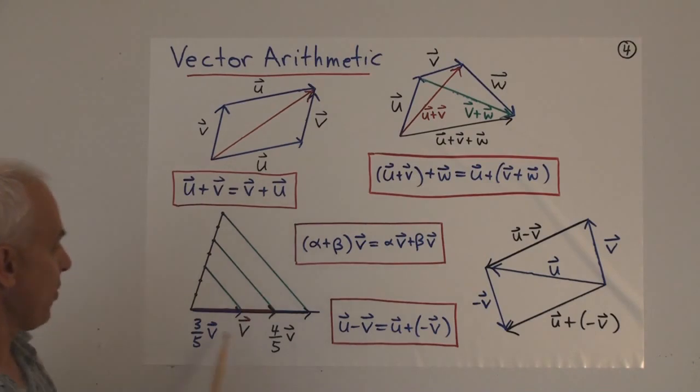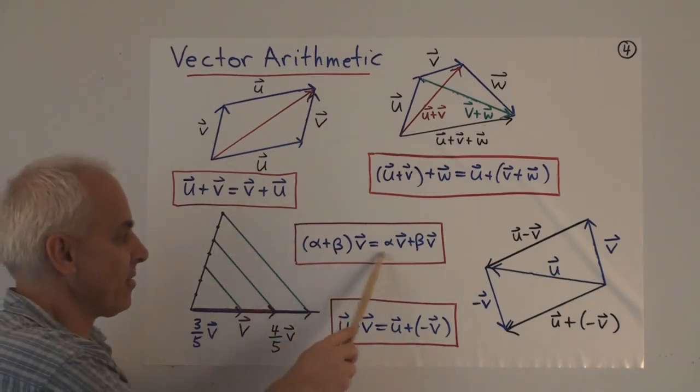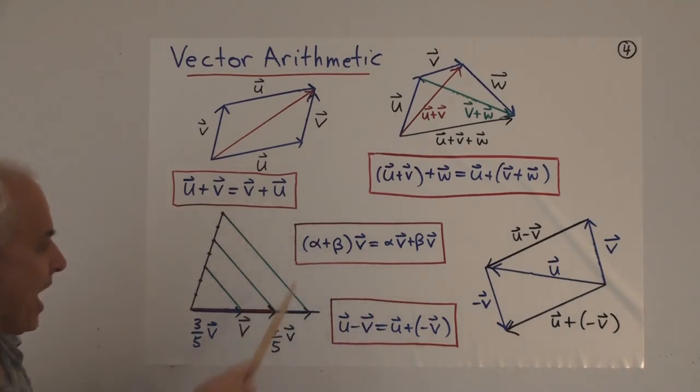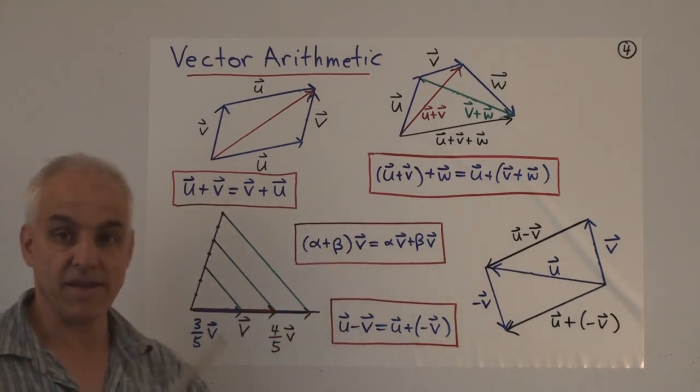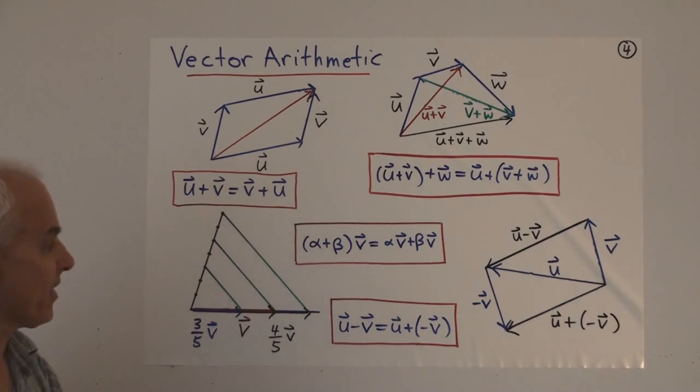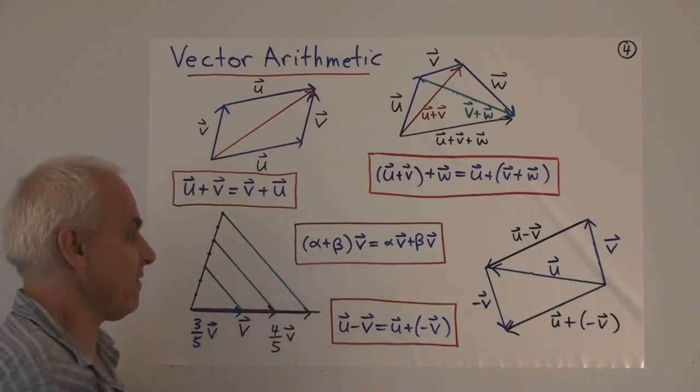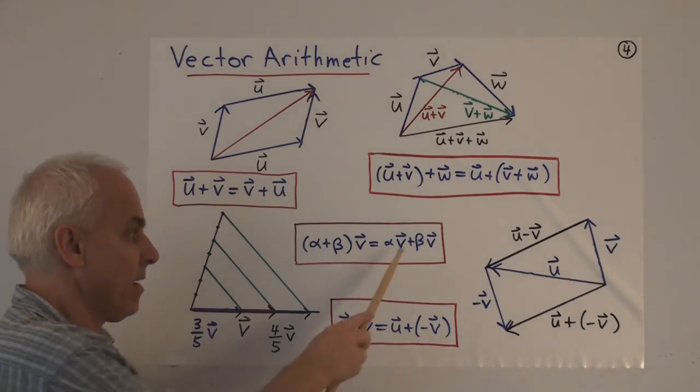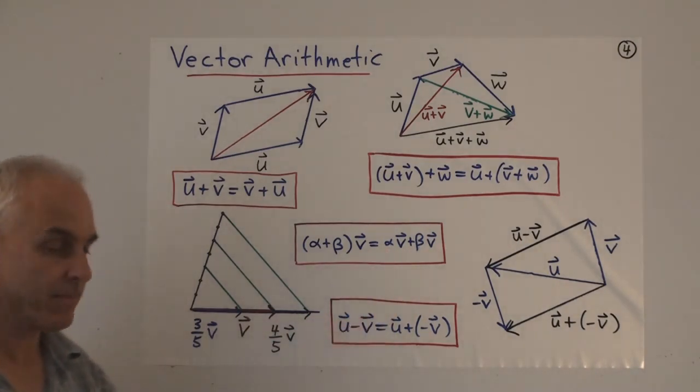Okay, over here we've got a diagram illustrating this distributive law. Alpha and beta are numbers, rational numbers. V is a vector, and we're saying that alpha plus beta times v equals alpha v plus beta v.